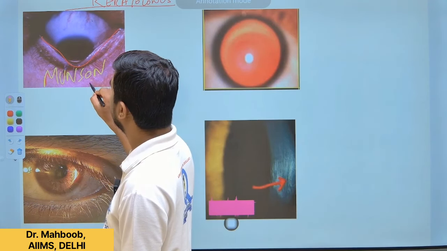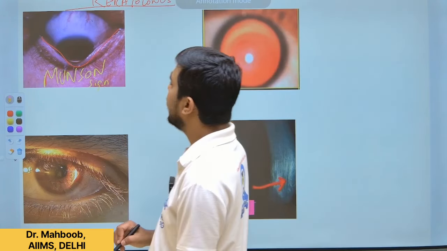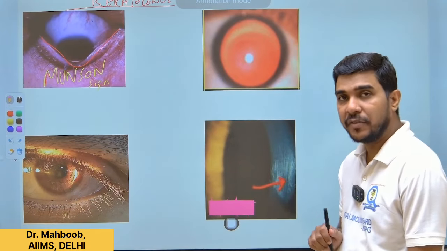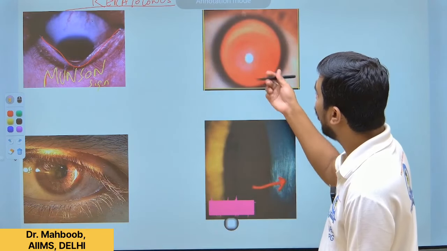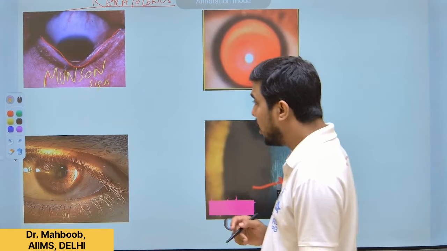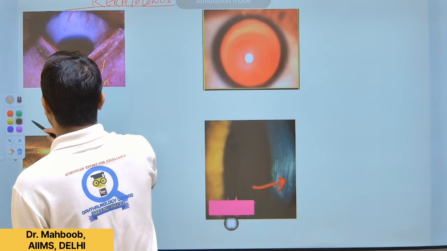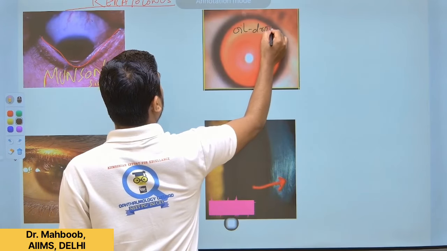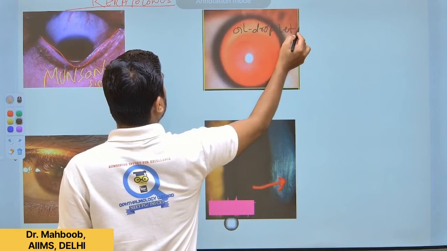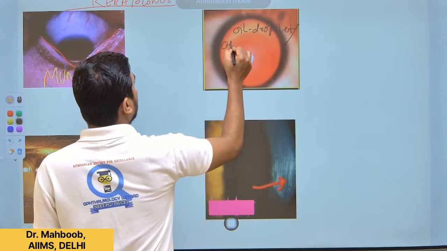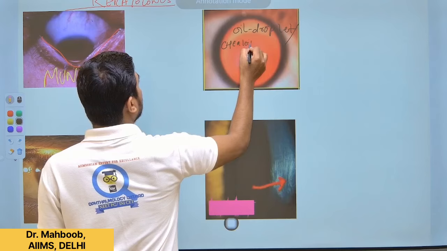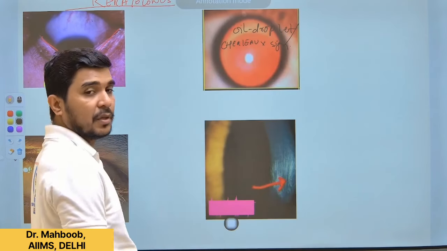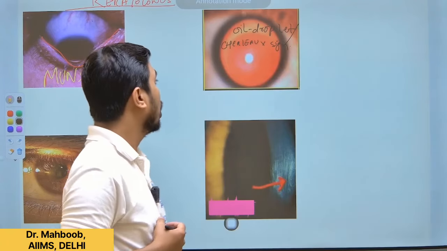What is this? On retroillumination of the slit lamp, you see an oil droplet type of reflex. This is also known as oil droplet sign or Sherlock sign.